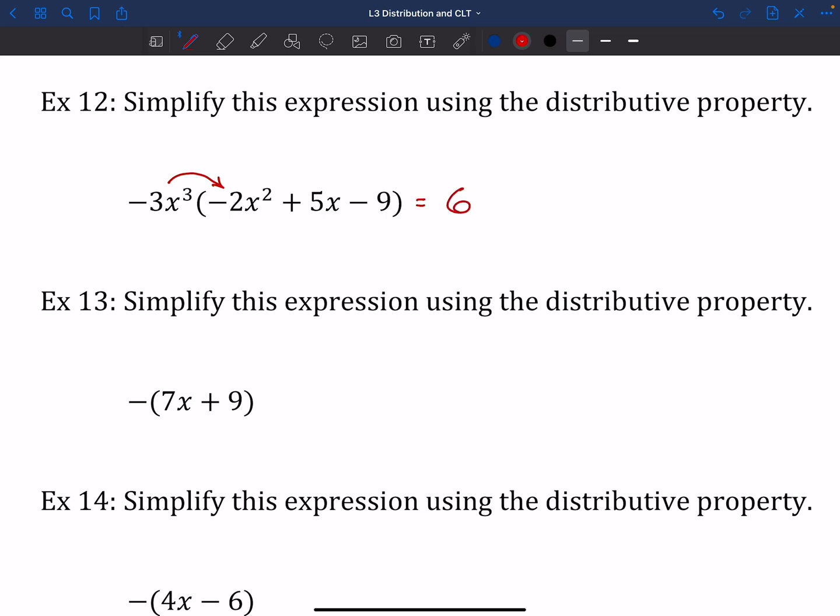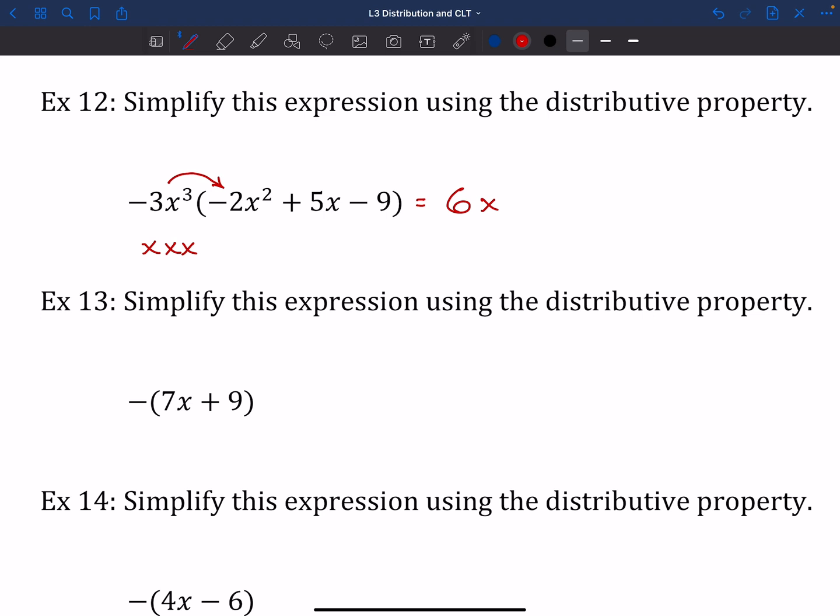When I'm looking at the x's, right, this is where things get a little on the tricky side sometimes. I've got x to the third on the outside and x squared on the inside, right? So you might be thinking, oh yeah, that's going to be x to the 6th. But that's not entirely right, right? What we've got to think about is on the outside, I've got 3 x's all multiplying, right?